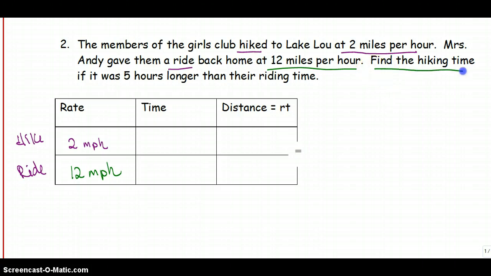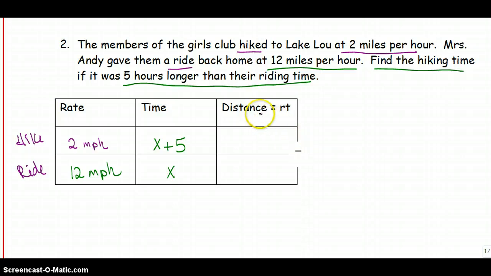Find the hiking time if it was 5 hours longer than their riding time. So my riding time, I'm just going to call it x. My hiking time is going to be x plus 5 because it's 5 hours longer than the riding time.